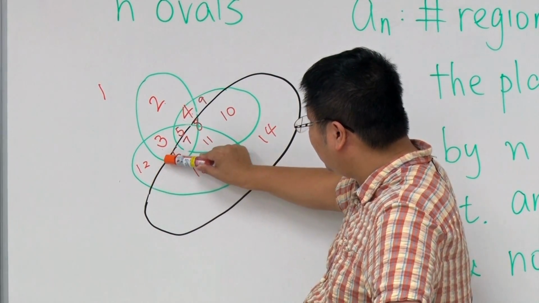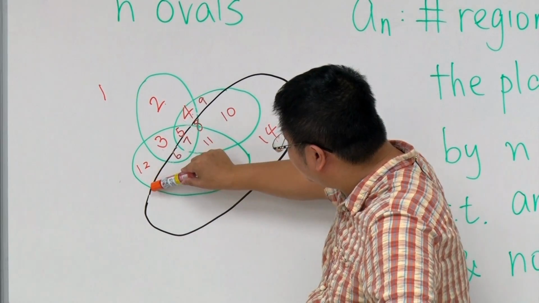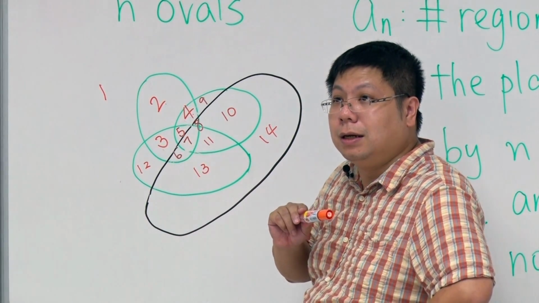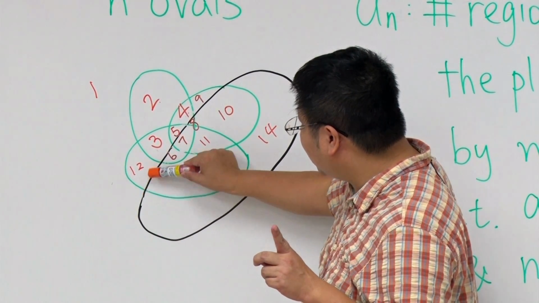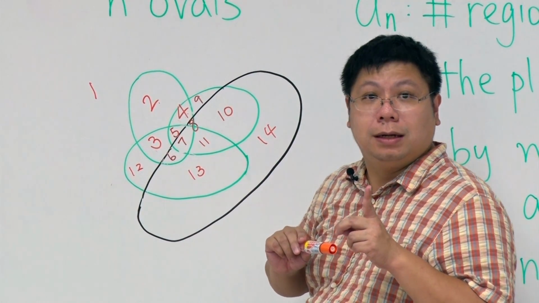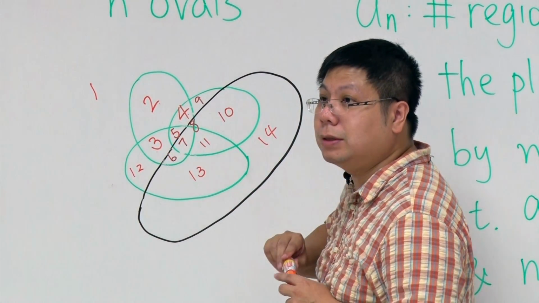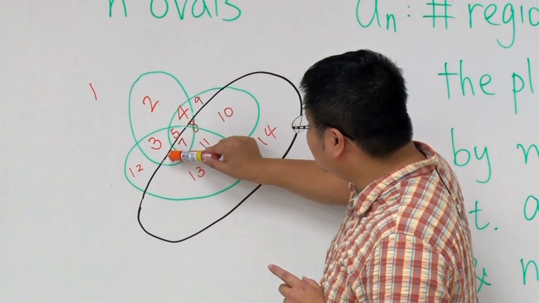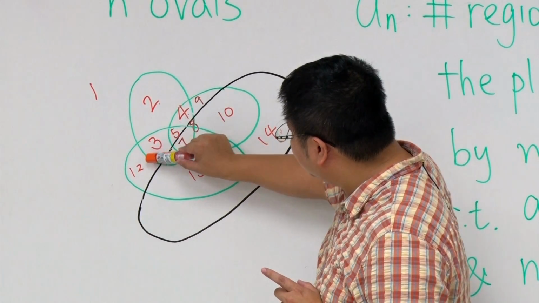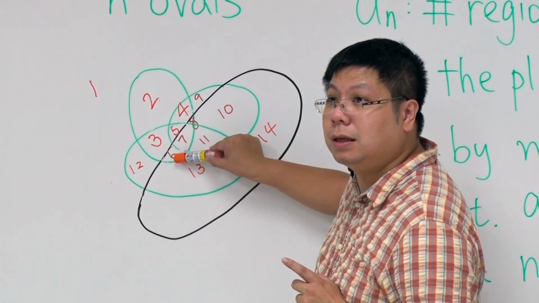It is cutting this originally single region into two parts. So you add one because of this segment. And then you have the next pair of intersection points, and this new segment is cutting the original region into two parts.